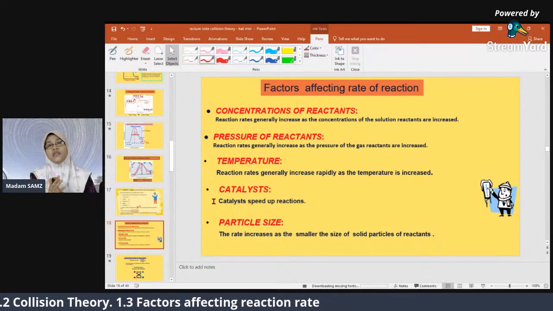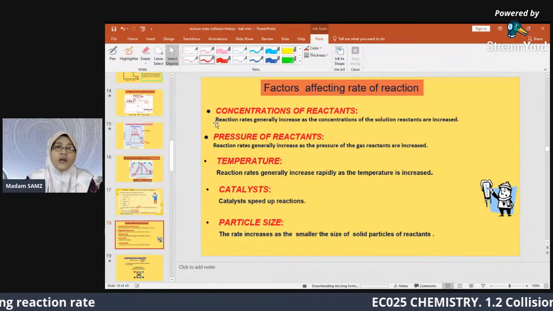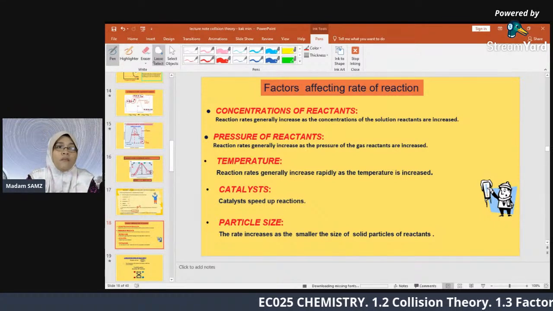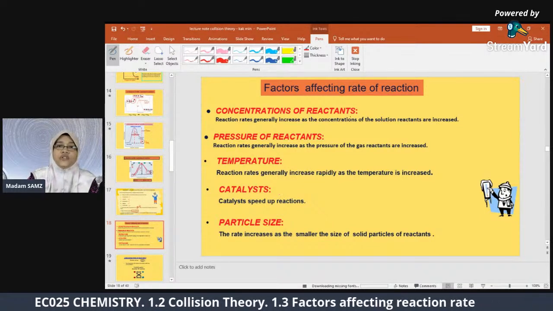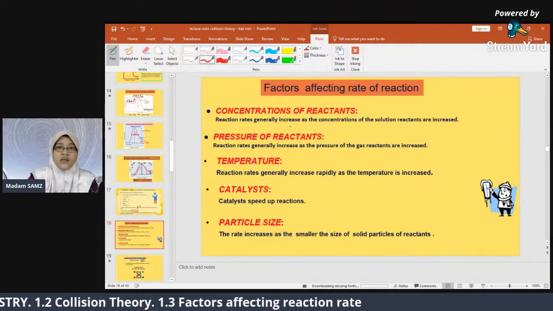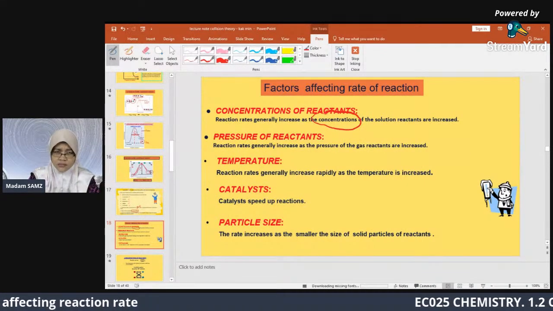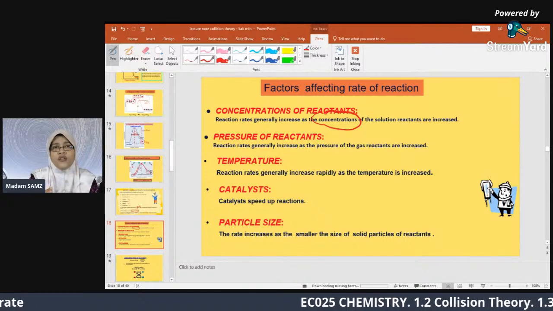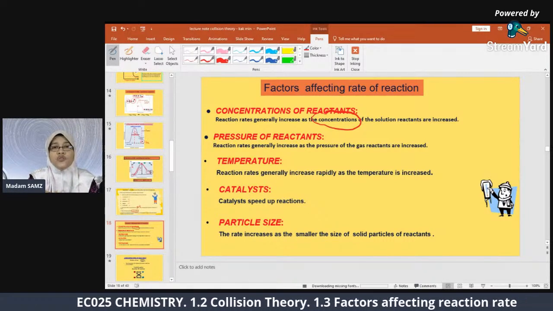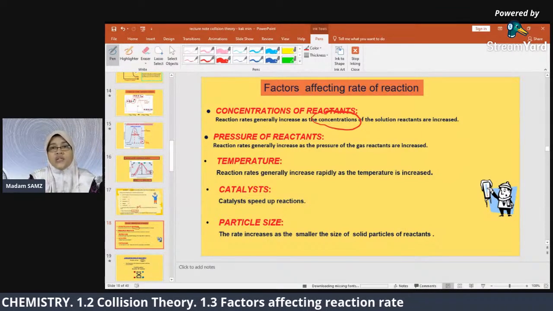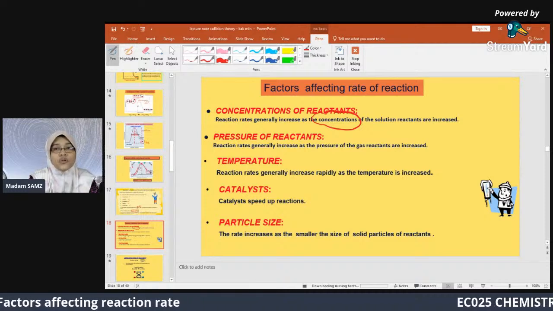The first one is concentration of reactant. Generally, if your reactant is in the liquid or aqueous phase, in solution form, and you use a more concentrated reactant, the rate of reaction will also increase.